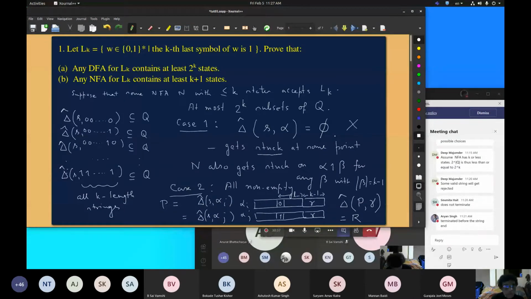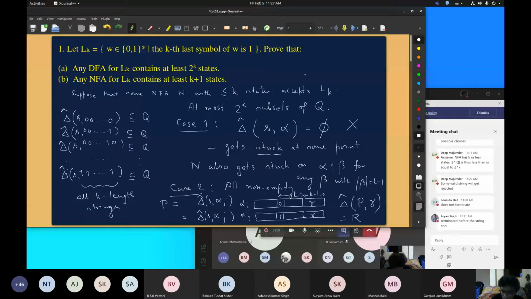So here, what we have done is a very restrictive condition. One particular bit has to be 1, that is, the kth last bit. So I relax this condition a little bit, and I want that among the last k positions, at least one 1 should be there.